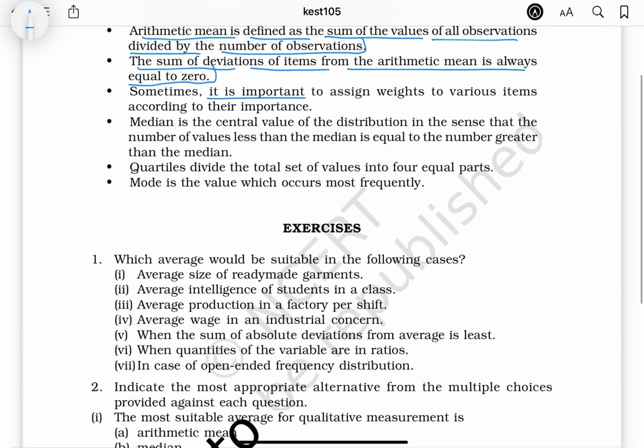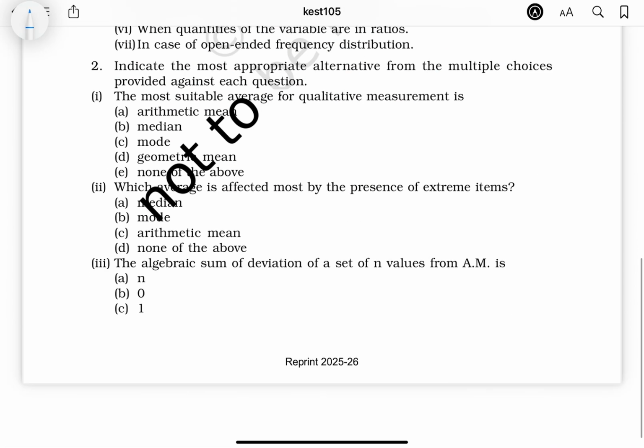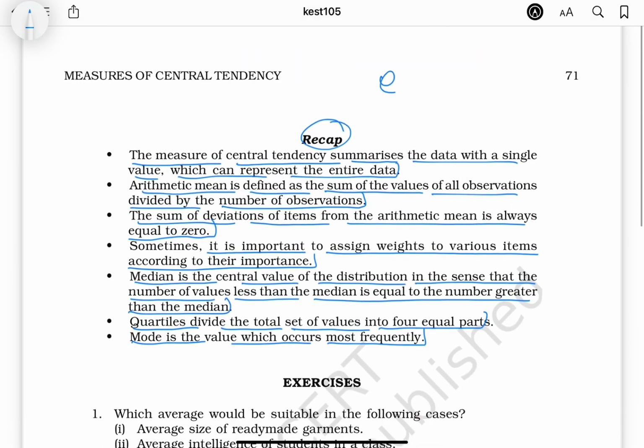Sometimes it is important to assign weights to various items according to their importance. Median is the central value of the distribution in the sense that the number of values less than the median is equal to the number greater than the median. Quartiles divide the total set of values into four equal parts. Mode is the value which occurs most frequently. Okay, and with this, economics is concluded.